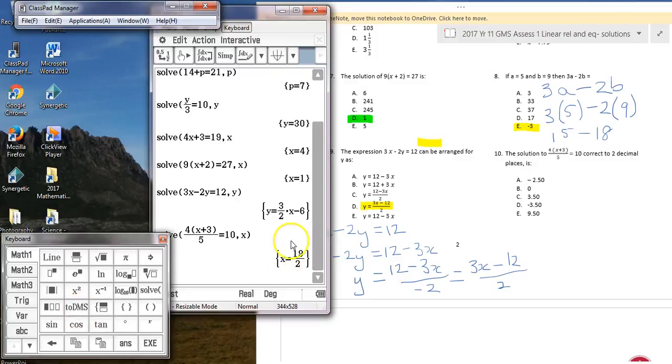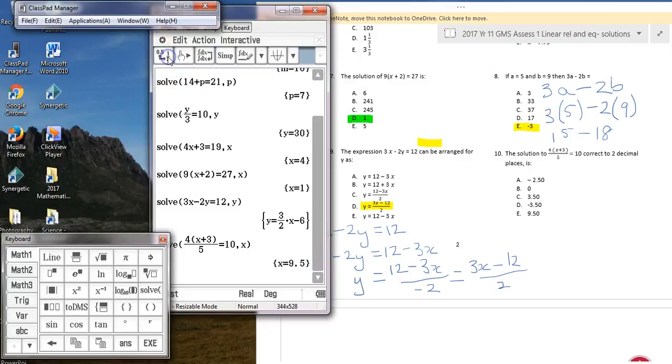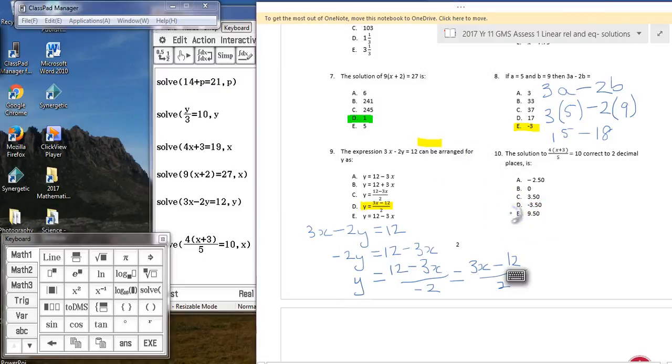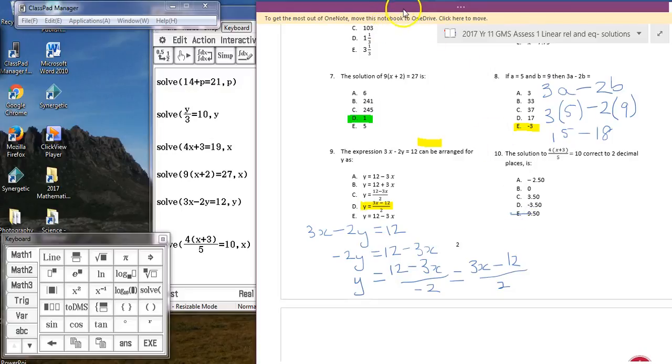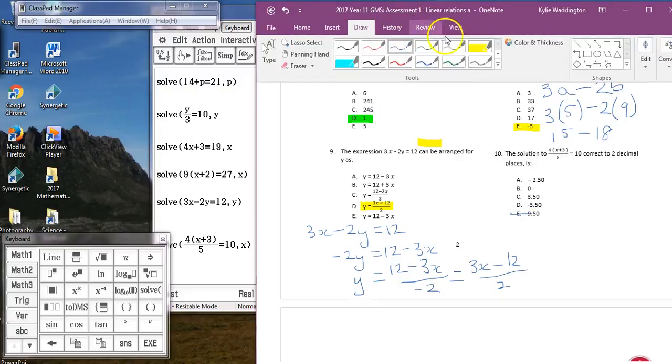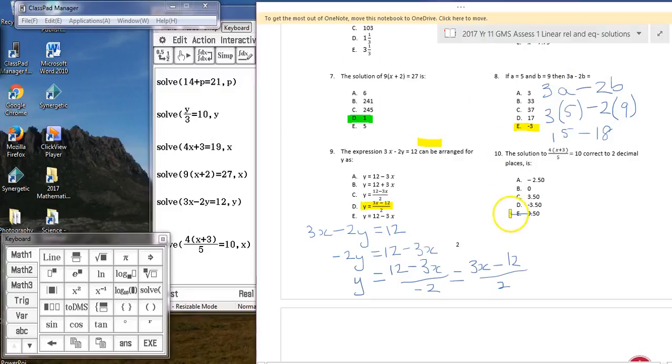Now it is in fraction form, so we highlight that and we go up to this little box here and it tells us how to get it into decimals, and our answer is 9.5. So go back over here and we put in our answer as being 9.5.